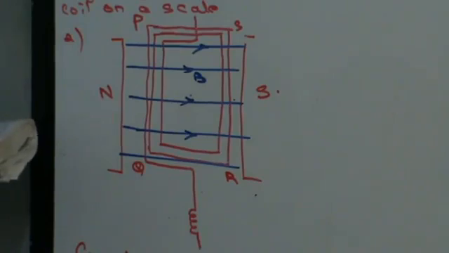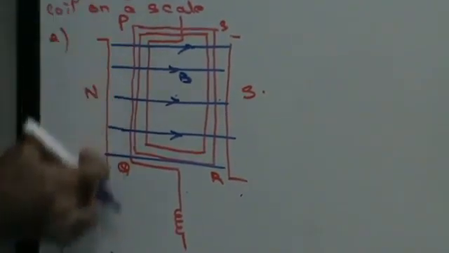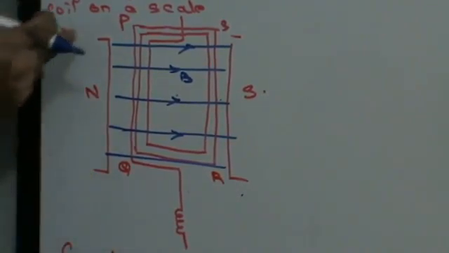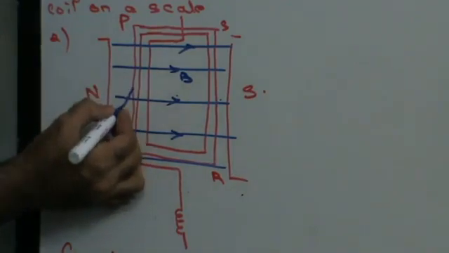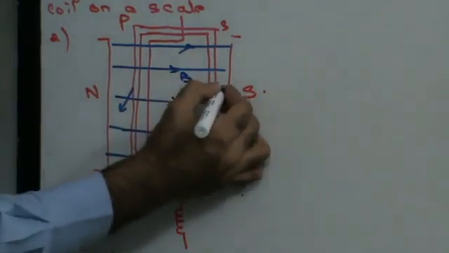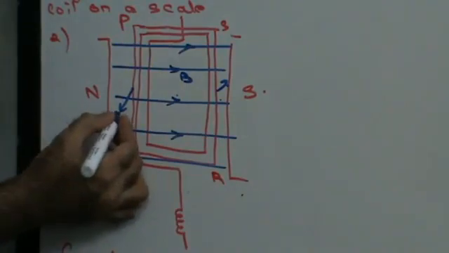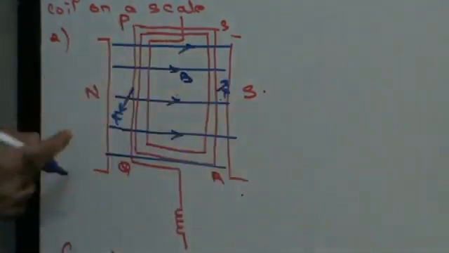Hence, they will experience a force which will have a magnitude BIL. So this side is going to experience a force in this direction, and this side is going to experience a force in the opposite direction.